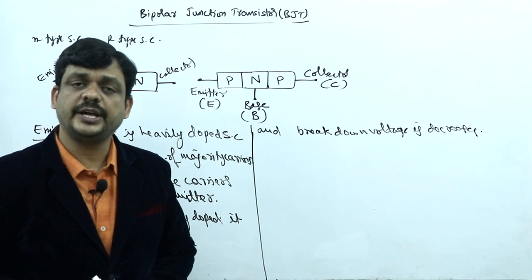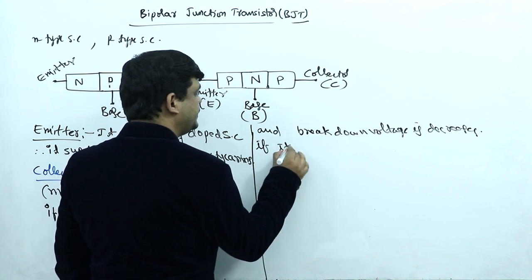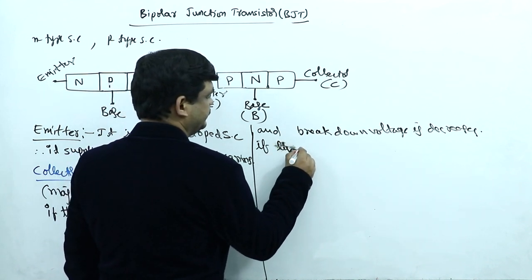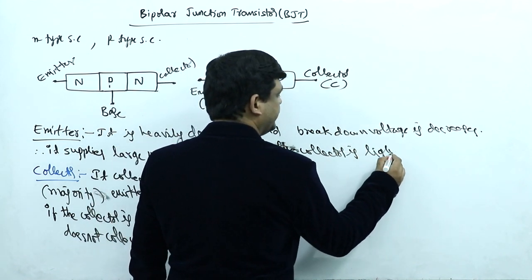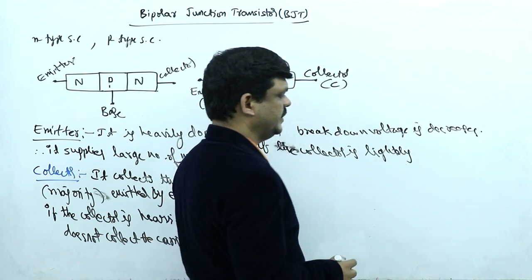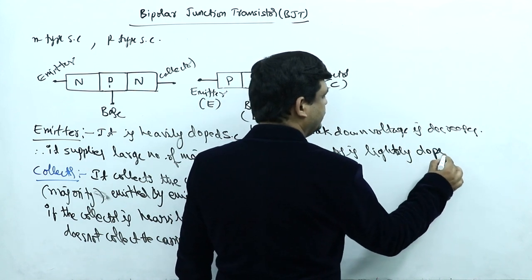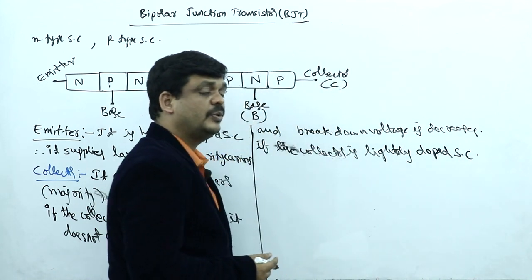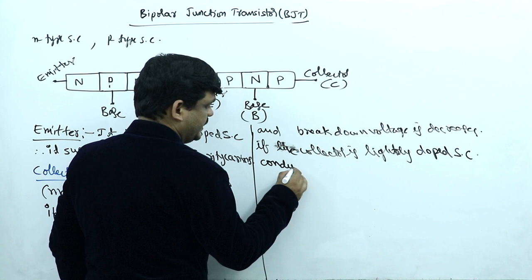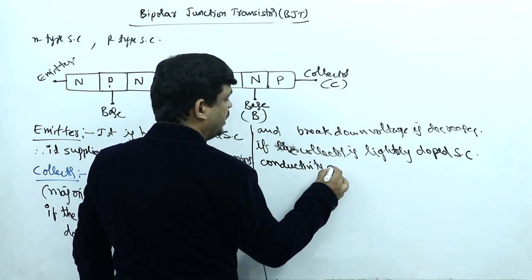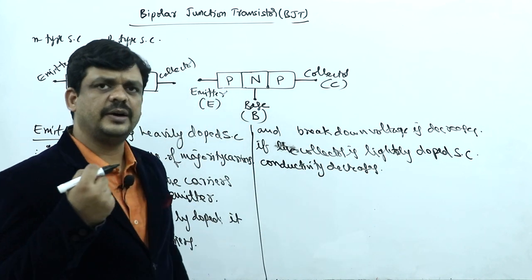And one more condition also we have to take. If it is lightly doped, what happens? So if the collector is a lightly doped semiconductor, conductivity decreases. What is the general function of doping?